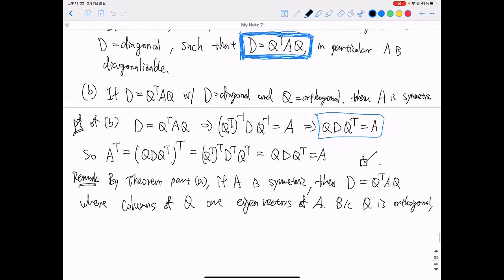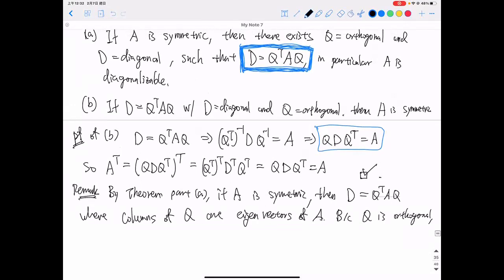The columns of Q form a set of n orthonormal vectors in Rn.